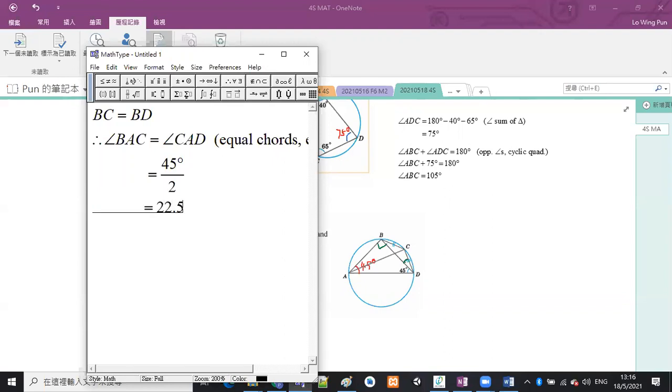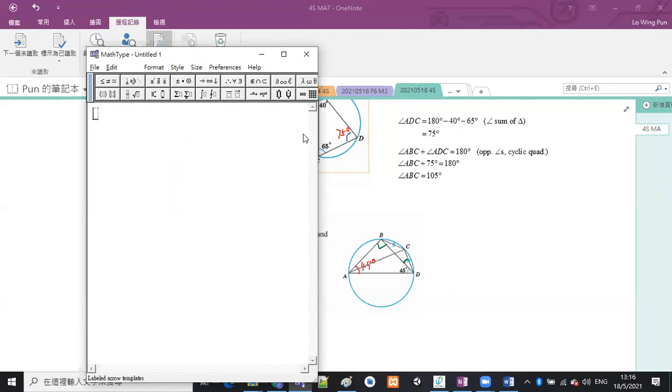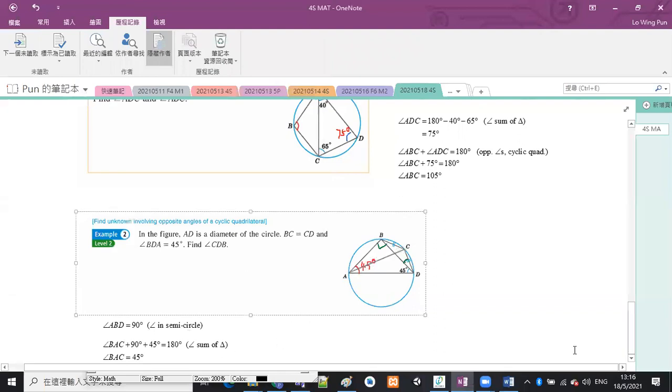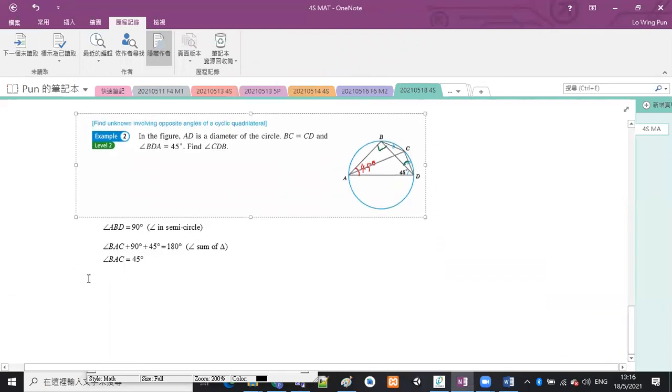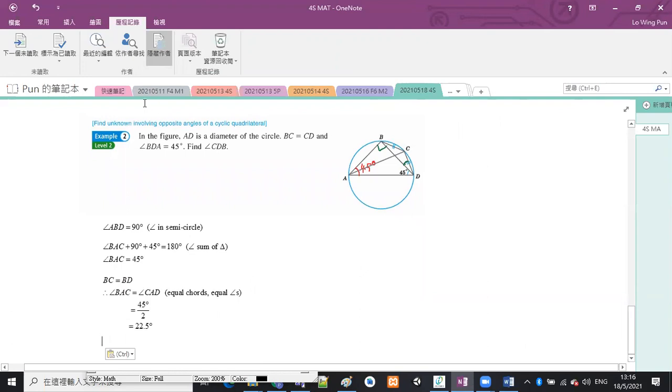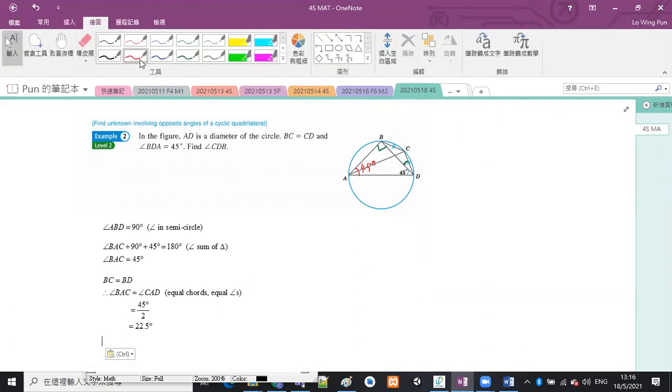That should be 22.5 degrees. So angle BAC and angle CAD are both equal to 22.5 degrees, right?